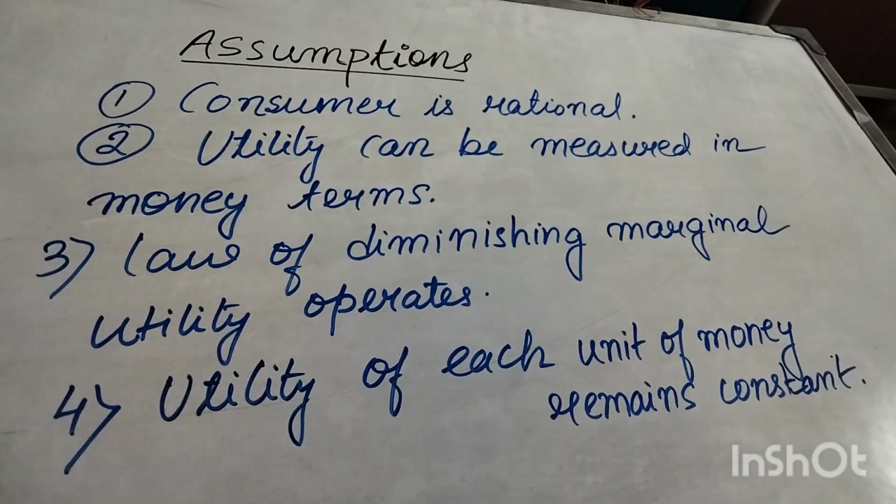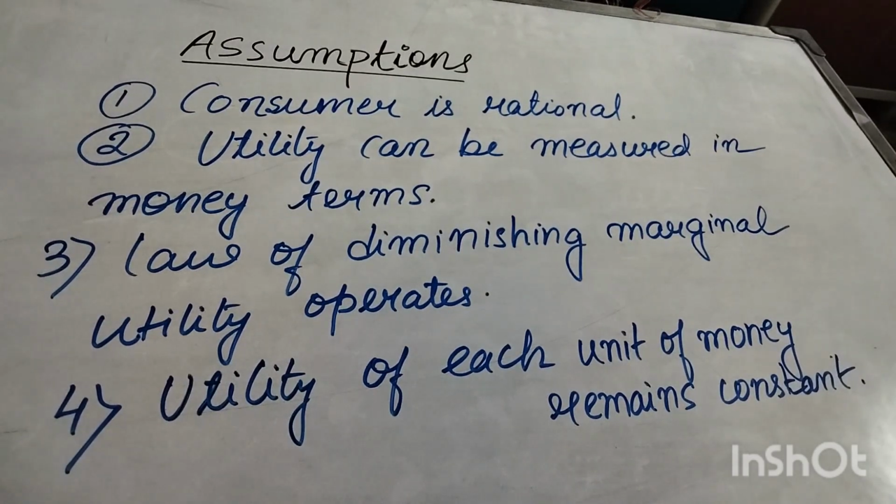Next, the utility of each unit of money is constant, which means that every unit of money has the same utility to the consumer. For example, take rupees 10.